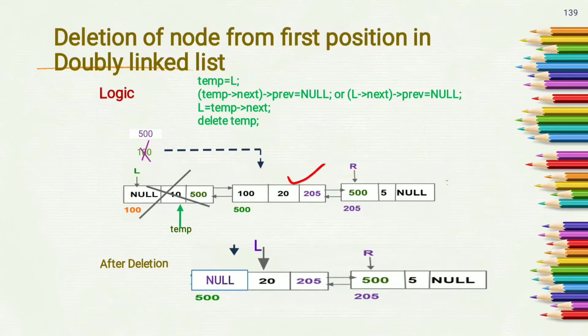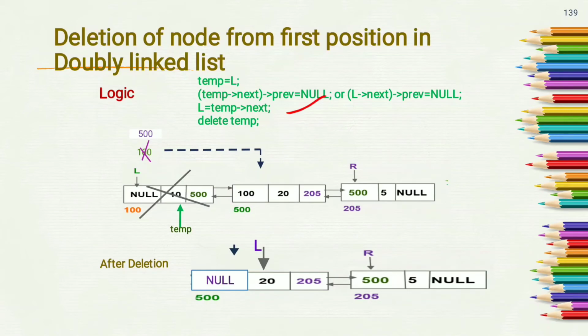When this node will become the first node of doubly linked list, we have to update the pointer L to point to this node, as we know that L always points to the first node of the doubly linked list. The address of this node we get from here. So you can write L equals to temp next or L equals to L next.